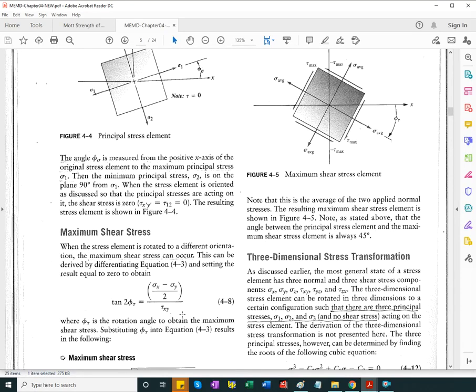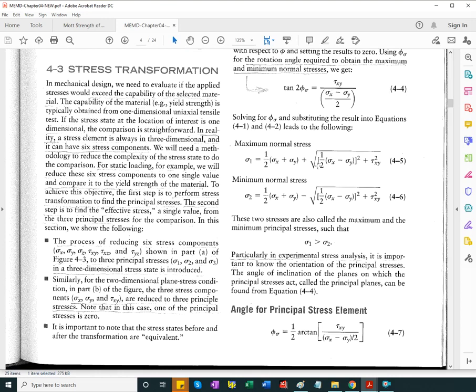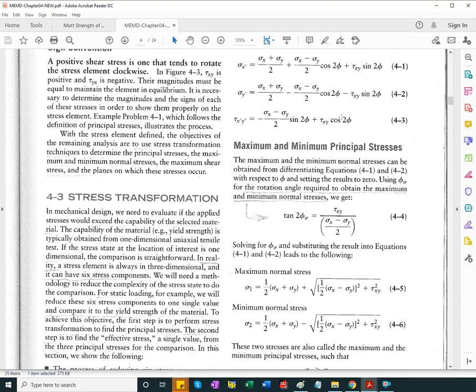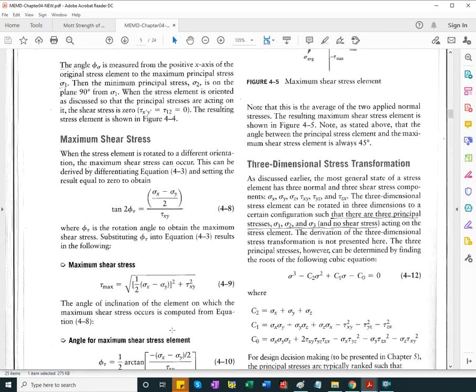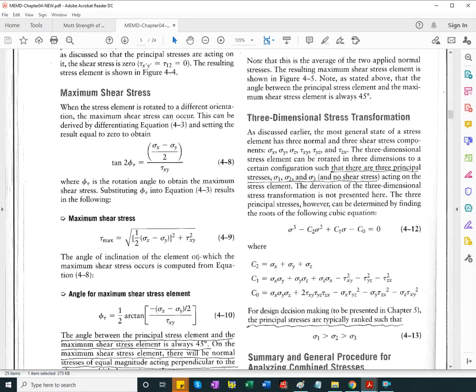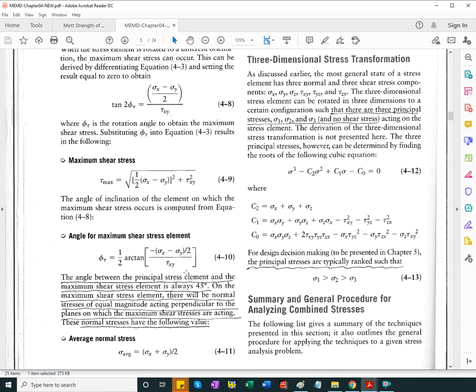Okay. Now, likewise, we want to know at what angle we are going to experience the maximum shear stresses. And for that, we take the derivative, as I said earlier, with respect to phi of the third of the equations, and this is the result, and substituting back in the third equation gets us the maximum shear stress. Okay, and the angle for the maximum shear stress.